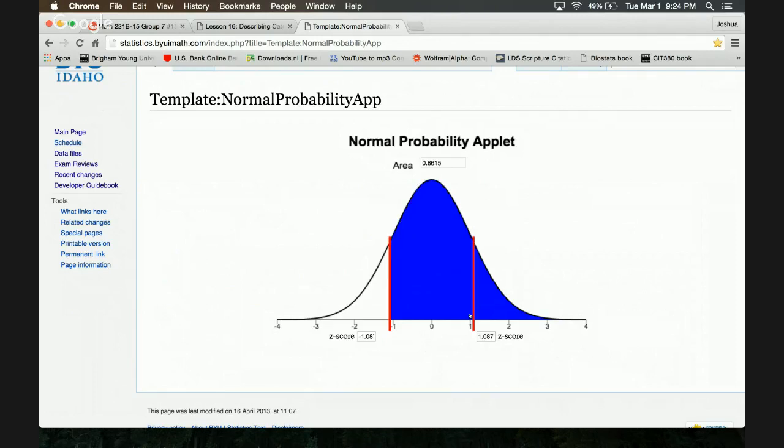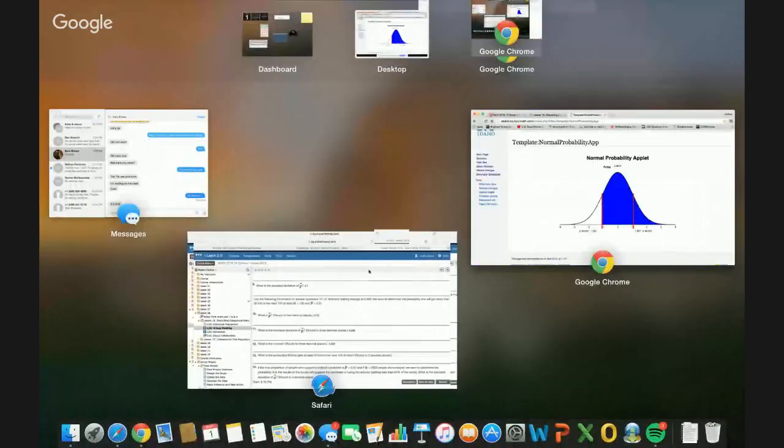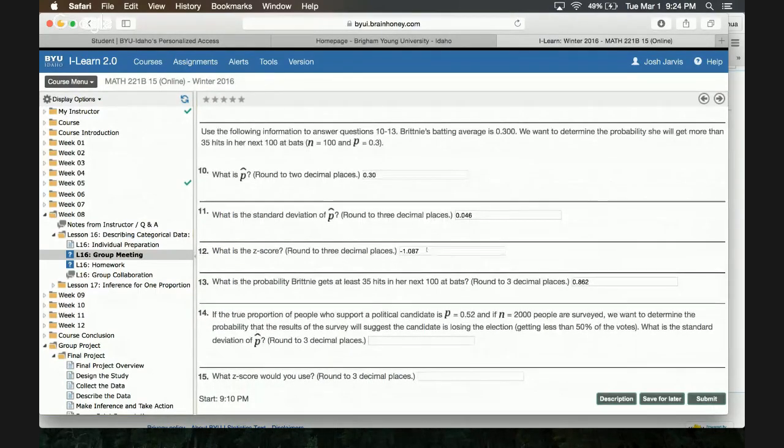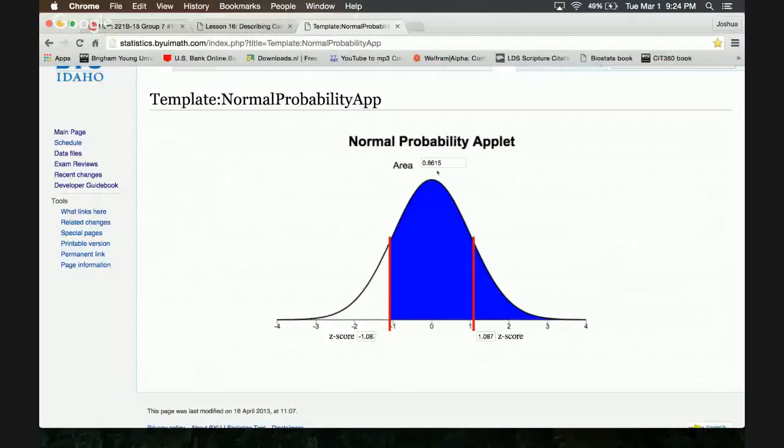Yeah, I got 0.862 or something like that. Yeah, 0.8615, so 0.862. What was the z-score on that? Sorry, I'm still screen sharing. It's negative 1.087. Okay, thank you. And from the applet, we got 0.862.